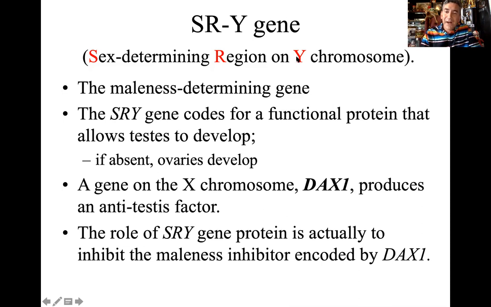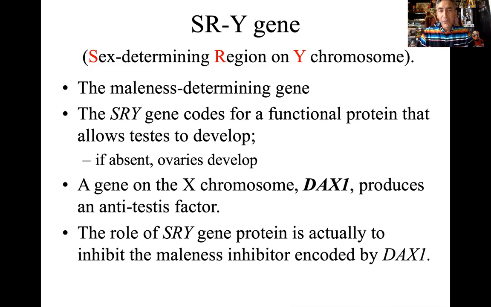So what the Y does, because it's a smaller chromosome, it can transcribe, remember these terms, transcribe and translate and generate those proteins a lot faster. So it does its job. It produces the protein, the testes develop, and then we have the male. So we get into the idea now of recessive genes and dominant genes. And this is, again, built into the concept of genetics.